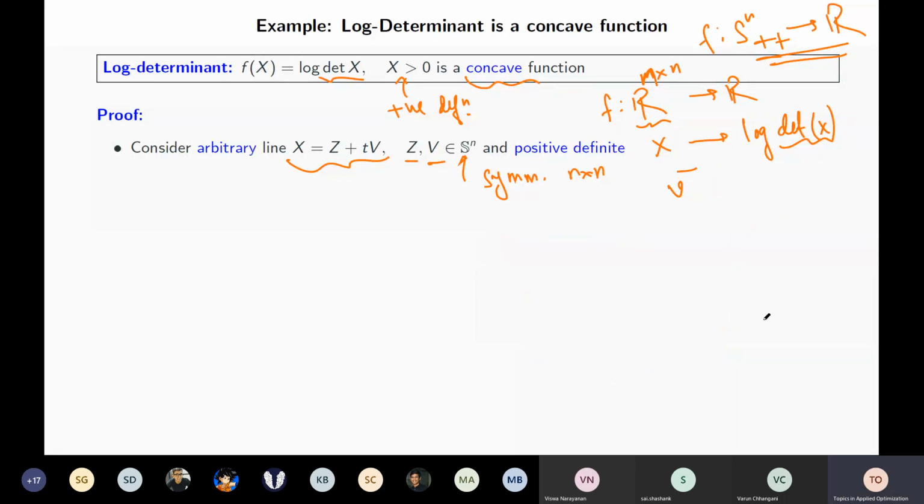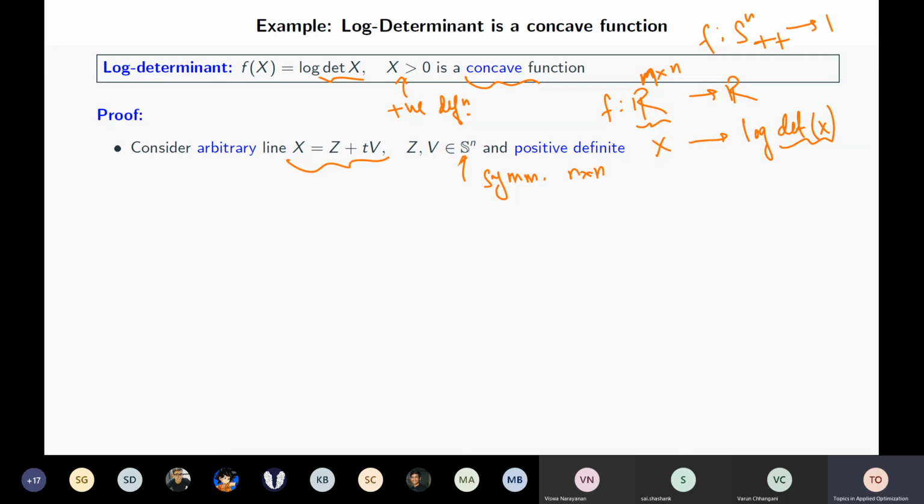So I think we need some time here. In the meantime, you can already think. The proof that I'm going to do is to use the fact that I will take a line joining 2 points. So this will be an arbitrary line because I've taken Z and V to be arbitrary positive definite matrices.